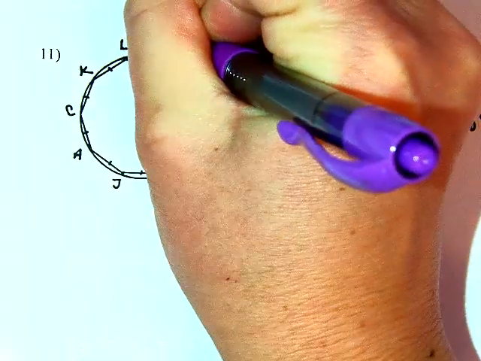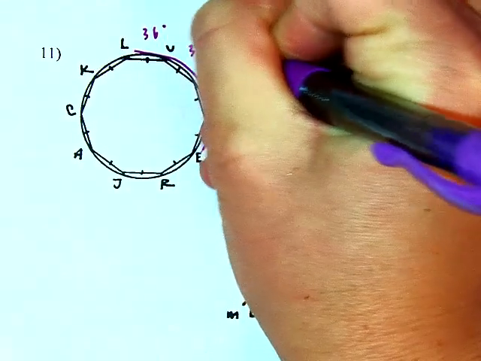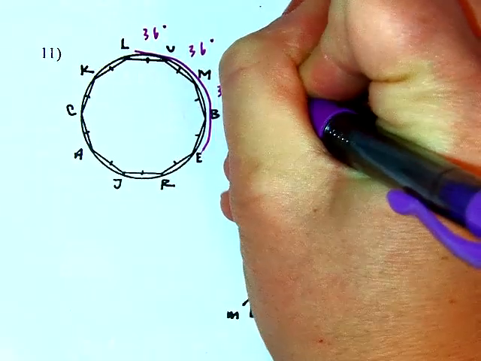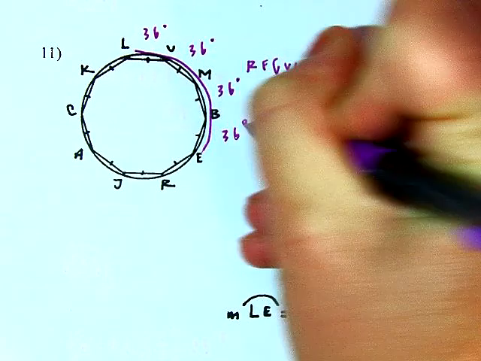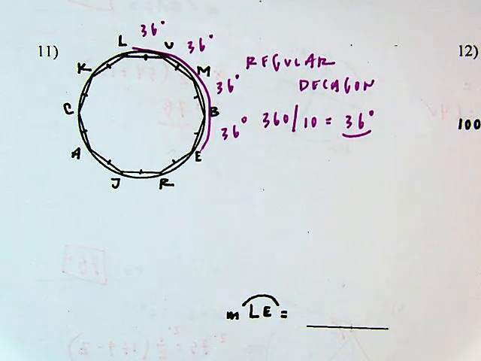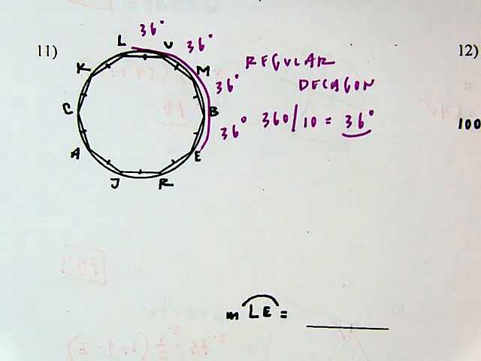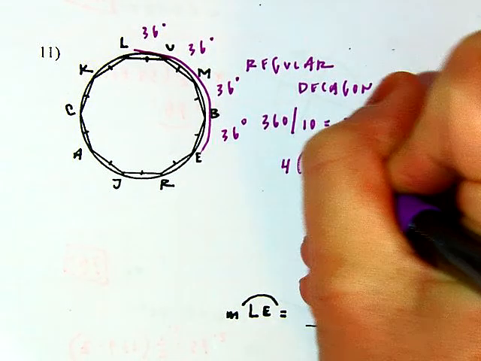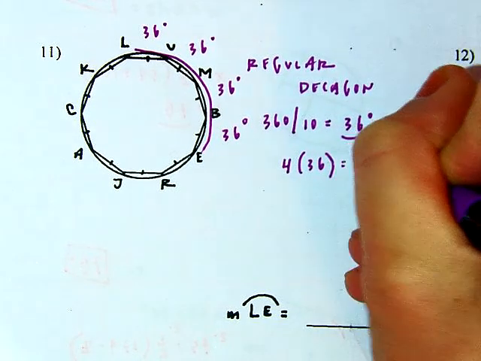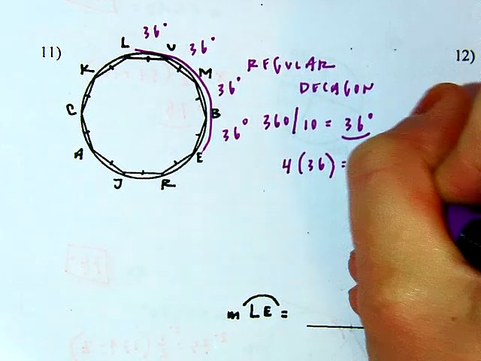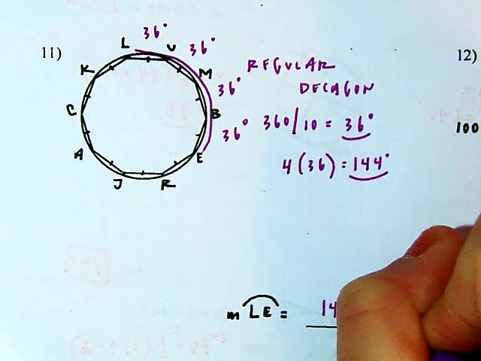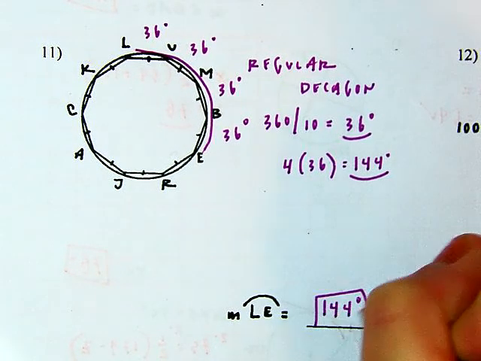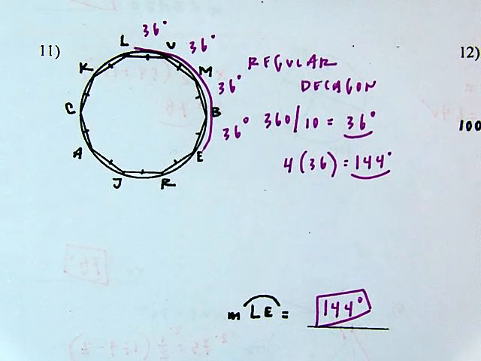I'm just going to pay attention to the ones that I'm going to need right here. So those 4, if I add them up, 4 times 36 is going to get me 144. So the span from L to E is 144 degrees.